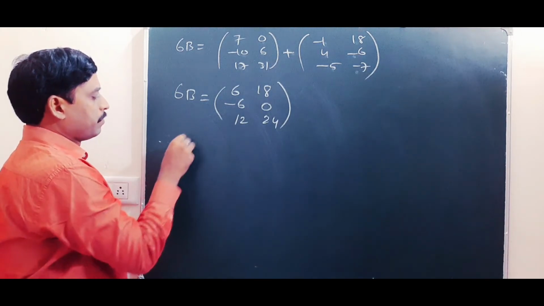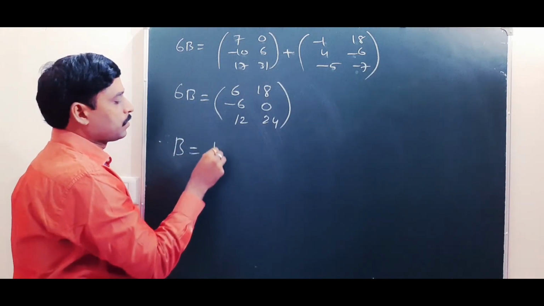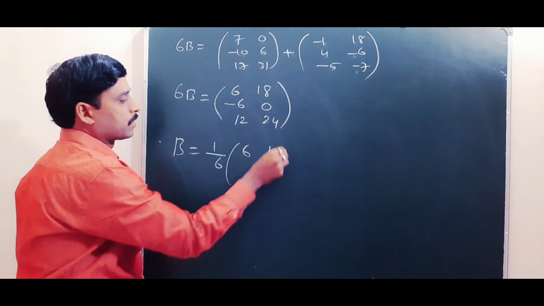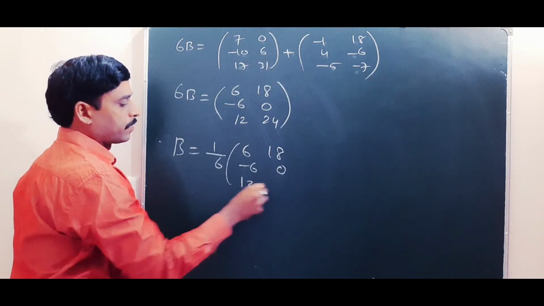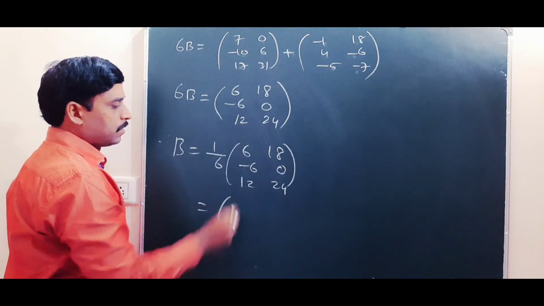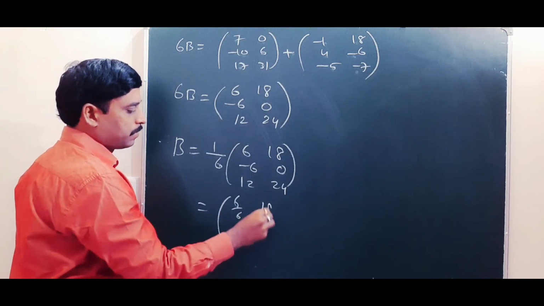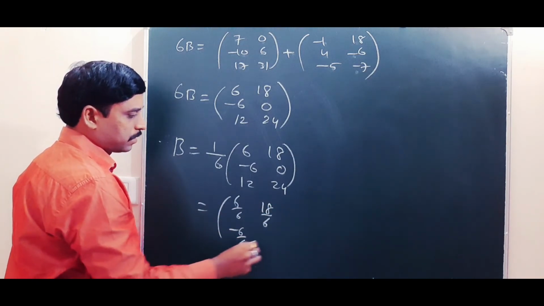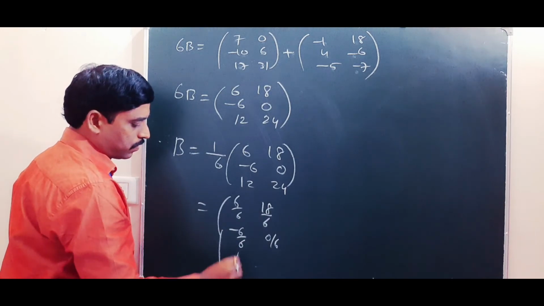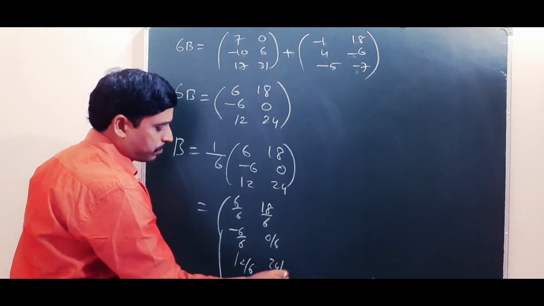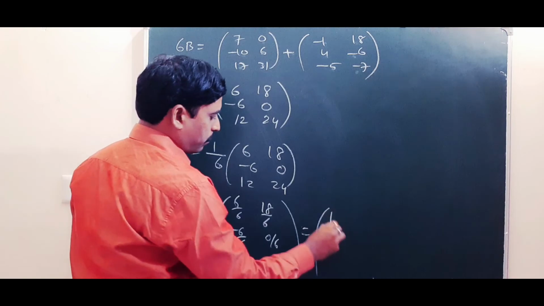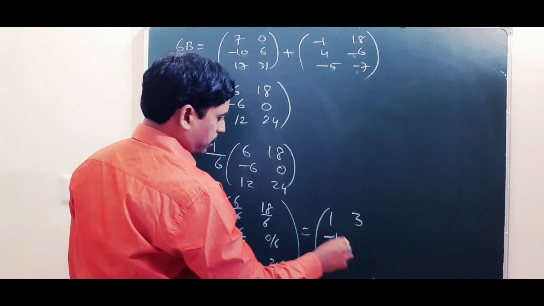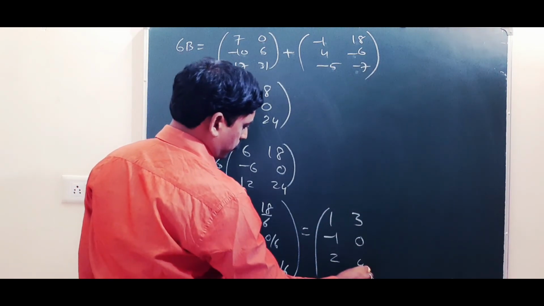Our target is B, so divide by 6 on both sides: B is 1 by 6 times this matrix. That is 6 by 6, 18 by 6, minus 6 by 6, 0 by 6, 12 by 6, 24 by 6, which is 1, 3, minus 1, 0, 2, 4. This is the answer.